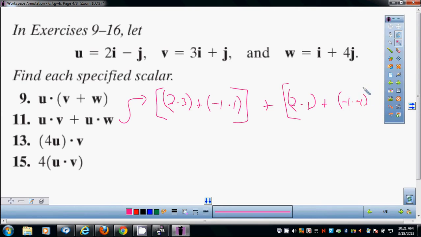So 6 plus negative 1 is 5. 2 plus negative 4 is negative 2. And what's my entire thing? 3. Anytime you use a dot product, you're just going to have a number. No more i's and j's. And since you use a dot product on all of those, that's it.